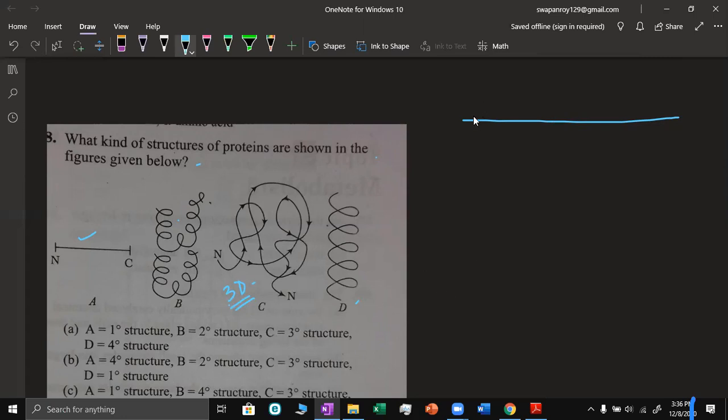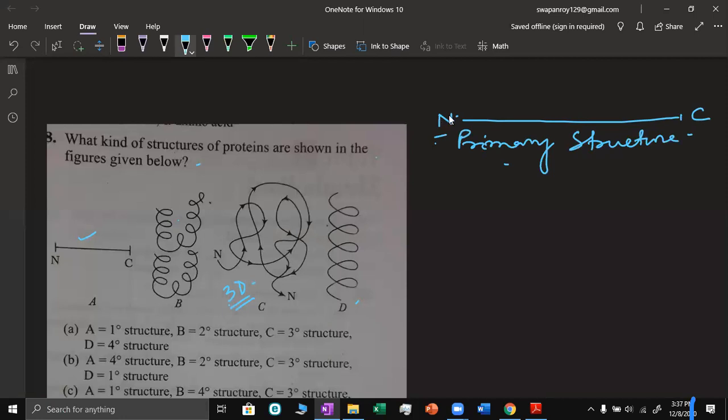So a straight line is the primary structure. Different labels are there. At one end, this is the N terminal, and this side is the C terminal.